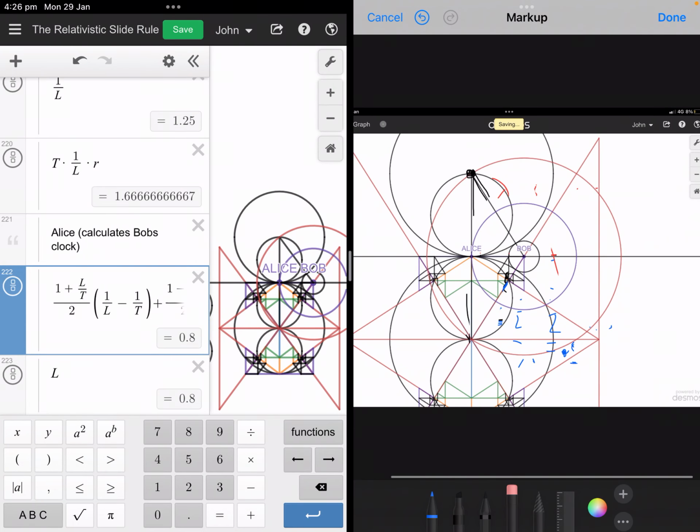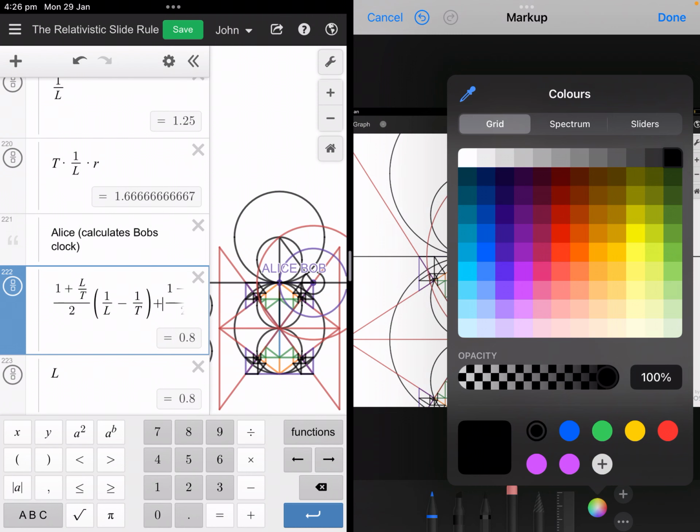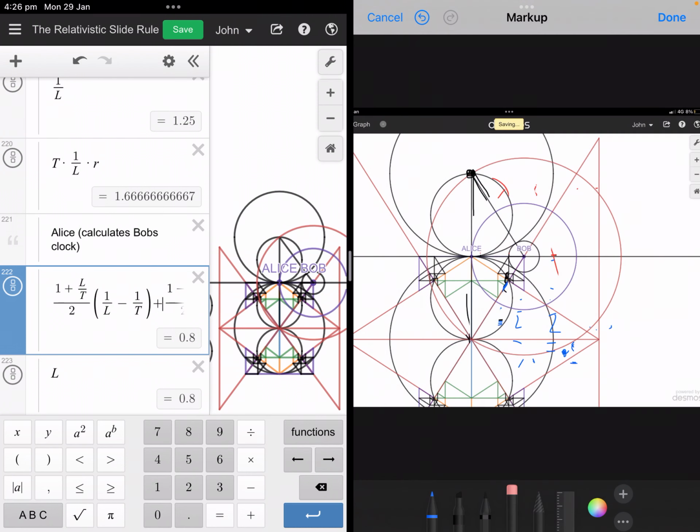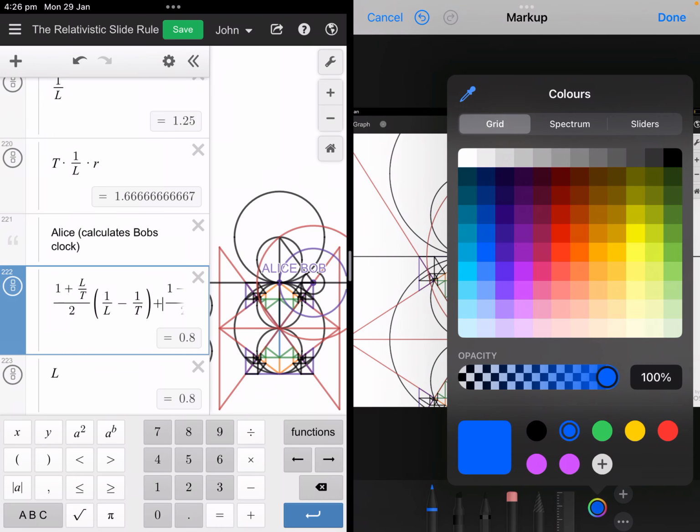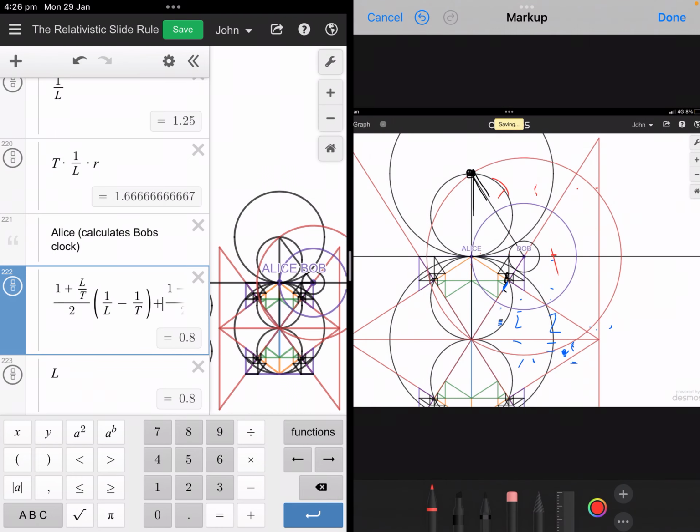So over here you've got Alice. As I was saying, Bob experiences redshift for half the time, whereas Alice experiences redshift for 80% of the time, which is exactly that amount of the time.